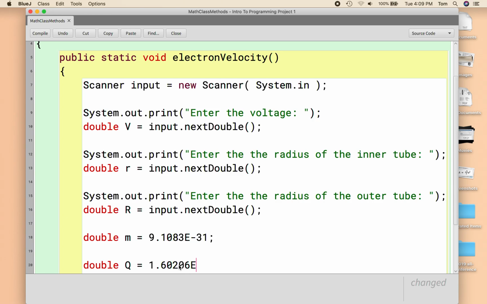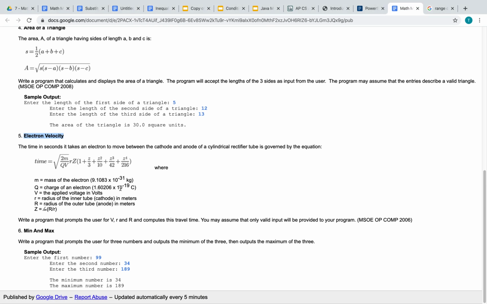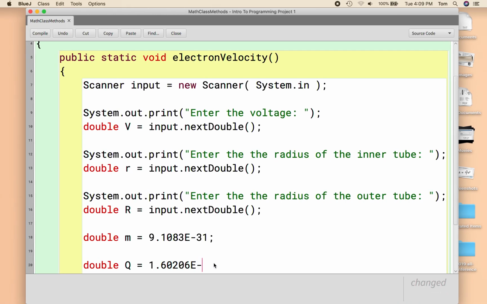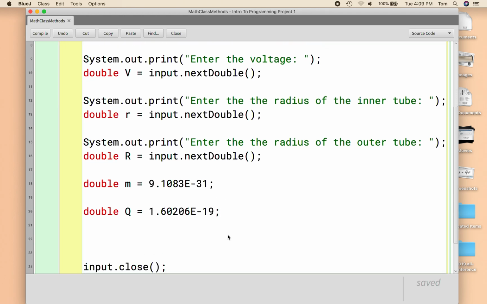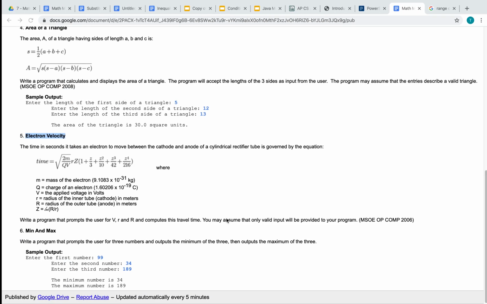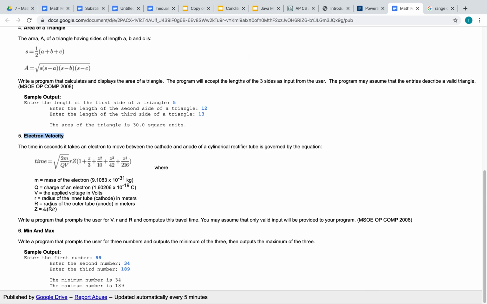And again, it's times 10 to the something, so we're going to use E for that, times 10 to the negative 19. All right. And so then the next thing that we're going to do, right, is we've already asked for these values, so let's go ahead and figure out what Z is. Z is the natural log of big R divided by small r.